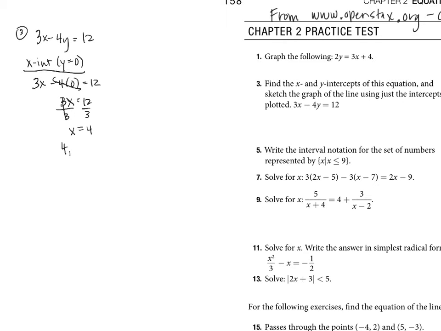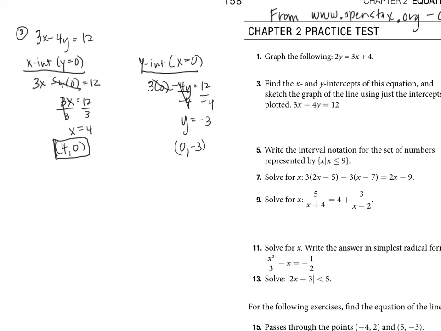So we have (4, 0) as our x-intercept. Now we're going to find the y-intercept. Let x be 0. So we're going to have 3 times 0 minus 4y is equal to 12. Divide by negative 4. So y is negative 3. So we have (0, negative 3) as our y-intercept.